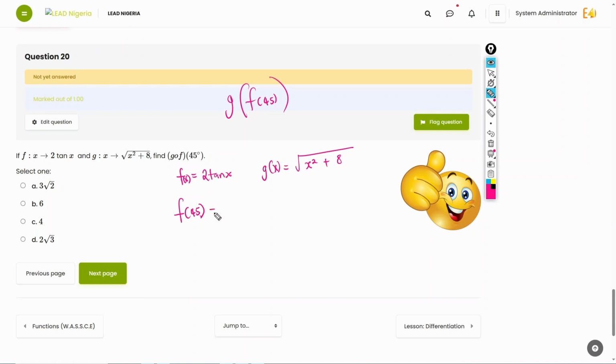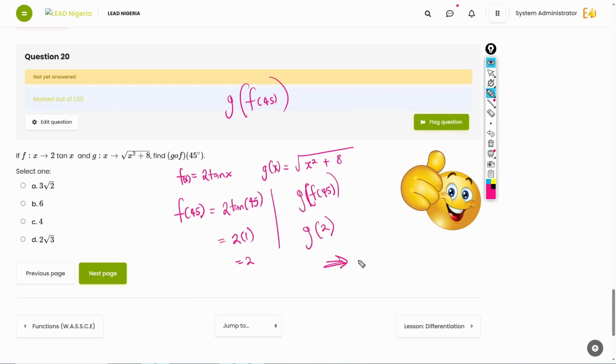So f of 45 will be 2 tan 45, right? You can use your calculator, but from special angles, know that tan 45 is 1. So this is 2 times 1, which is 2. So when you say do g of f of 45, we are simply saying do g of 2, right?